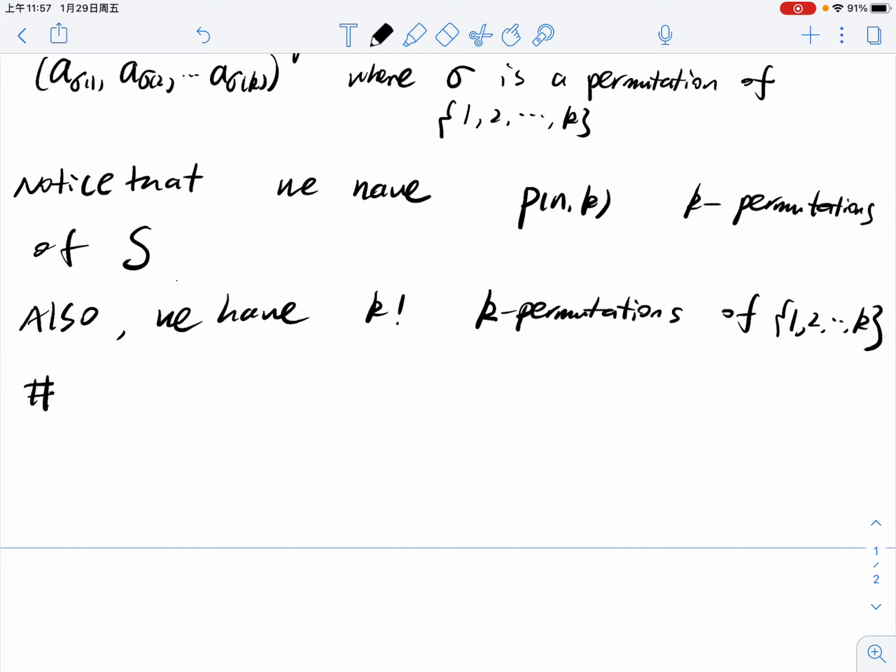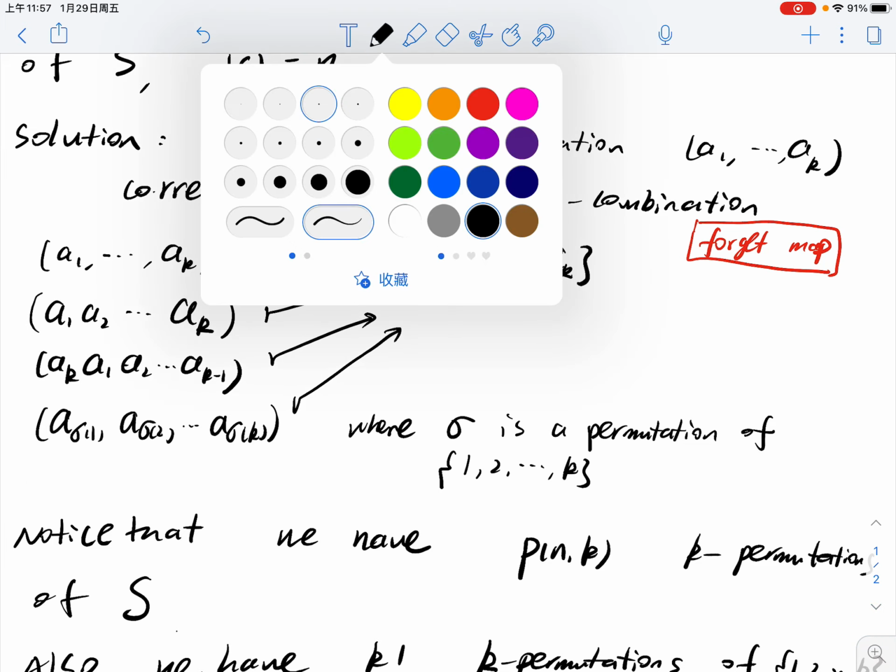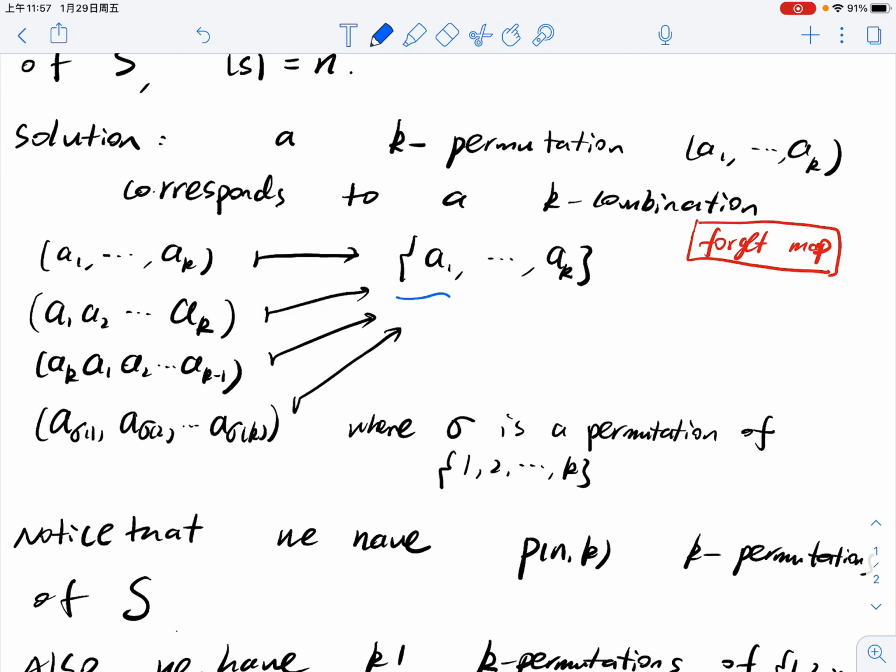Then the number of k combinations is just the quotient P(n,k) divided by k factorial. This is because each k combination corresponds to k factorial permutations. So the number of k combinations should be divided by k factorial.